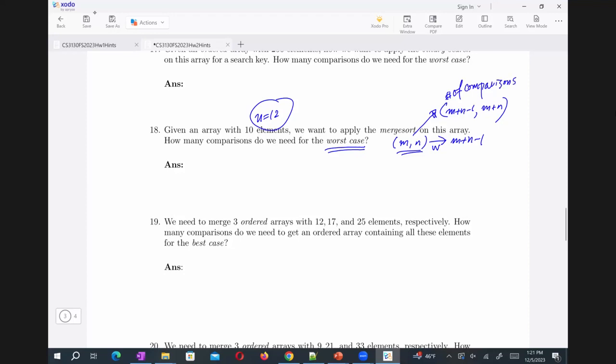The second component gives us the number of elements in the result array. So that's our notation. Now let us run the merge sort.